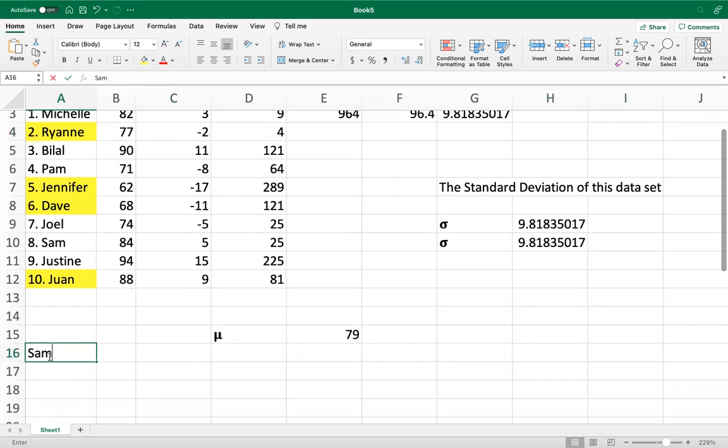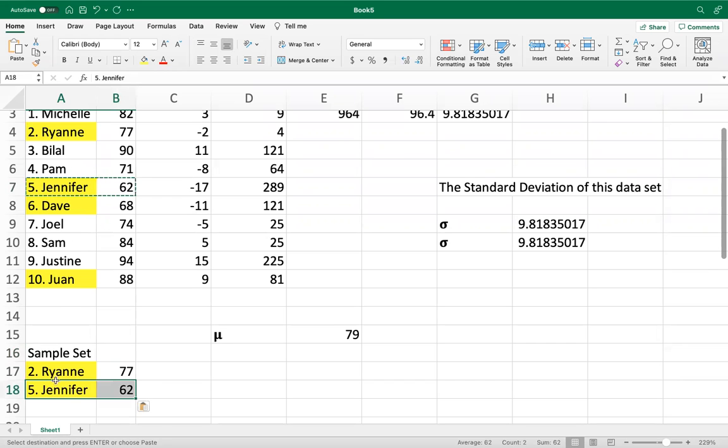This is going to be our sample. So the sample set is going to be Ryan, Jennifer, Dave, and Juan.